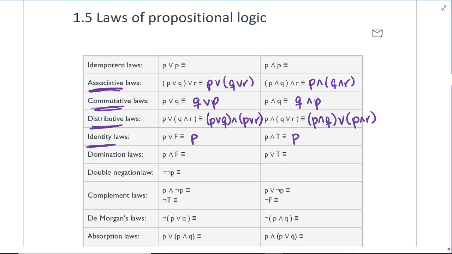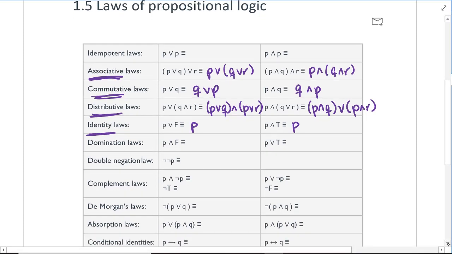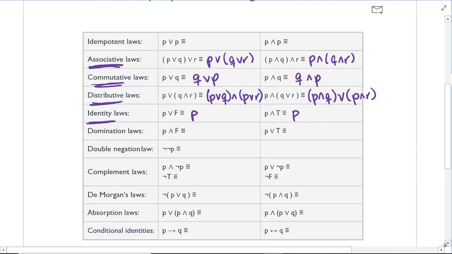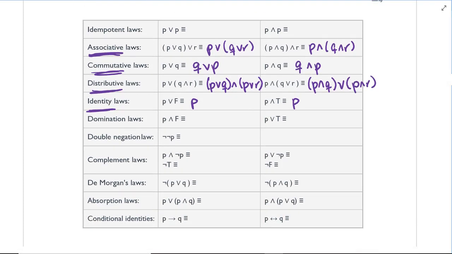As for the other laws that don't really have a correspondence in algebra, let's just go through those. The idempotent laws, you don't have to necessarily remember that terminology, but P or P is equivalent to P. That seems reasonable. P and P is also equivalent to P, so that doesn't really help us very much.